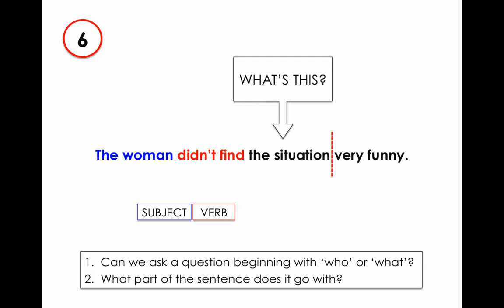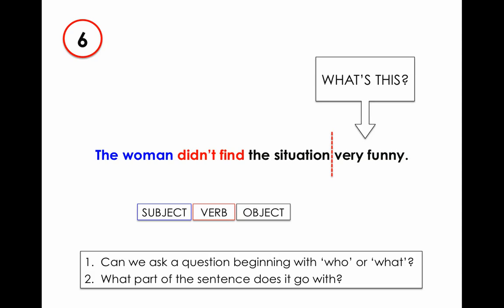But in this case, I'm going to say that we can ask the question, what didn't the woman find, and answer the situation. What didn't she find very funny? The situation. I hope that sounds not too strange. What didn't the woman find very funny? The situation. So that makes it an object. I'm going to just skip over any strangeness there and go on to the next bit.